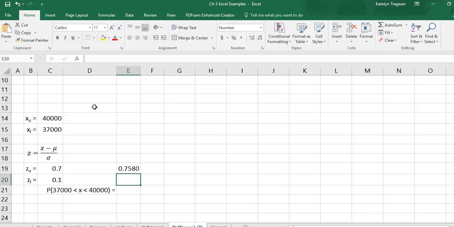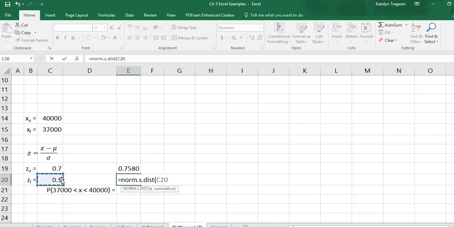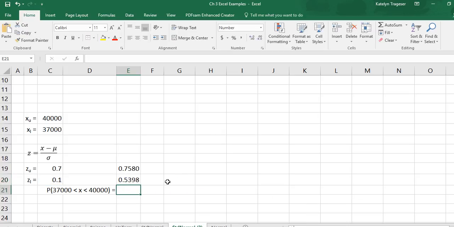So this is the area to the left of z equals 0.7. And again, we need to calculate that for our lower z value. And that is 0.5398.